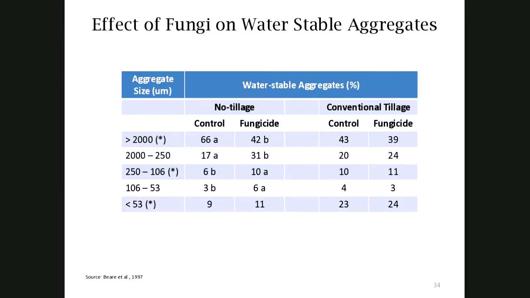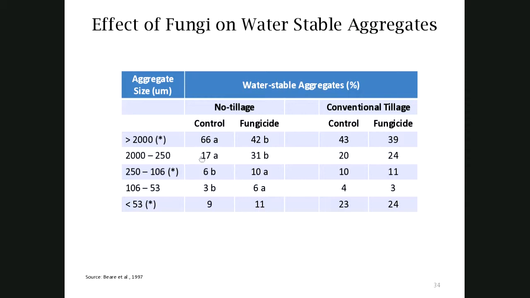materials. All right, so talking about water stable aggregates, here's an example looking at no-till and conventional tillage long term, and we're looking at the impact of fungi on this. So now looking at the biology, can we use some kind of fungi assessment for water stable aggregates? What is their connection, right?